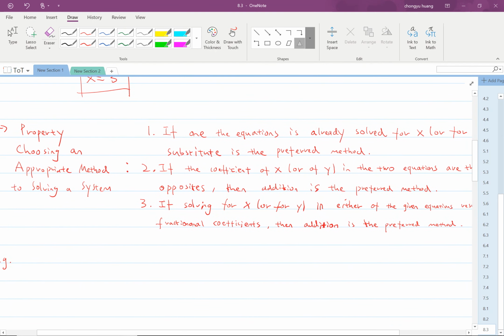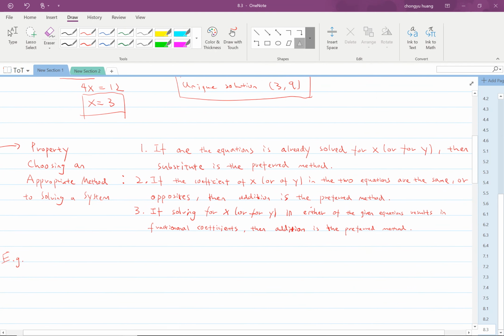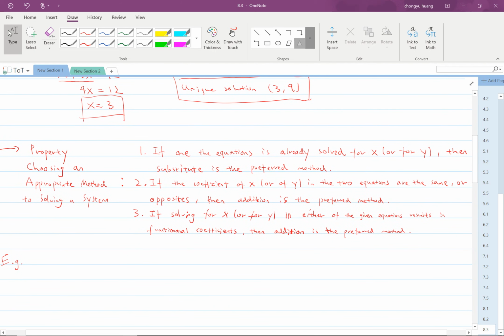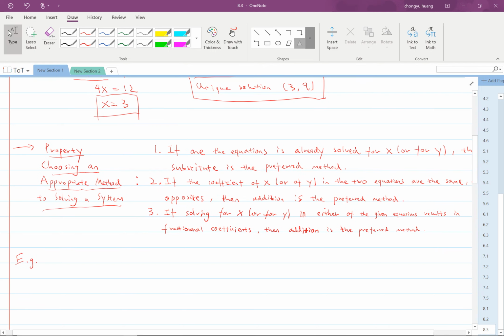Here we have a property: choosing an appropriate method to solve a system. So far we already know 3 methods, so let me write it down below.